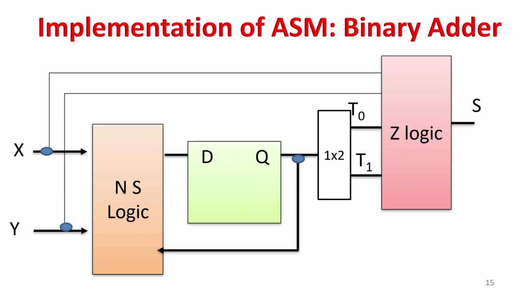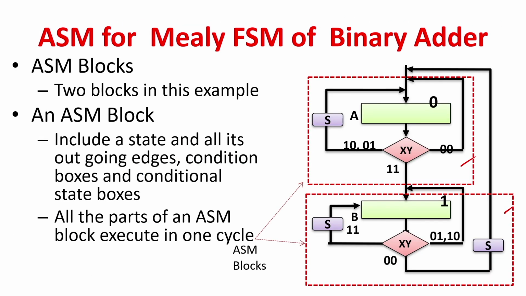Suppose we want to implement this ASM. What will be the logic? Clearly, from the ASM design, how many states are there? 2 states. 2 states can be encoded into one flip flop, which is why we require a single D flip flop to store the state.